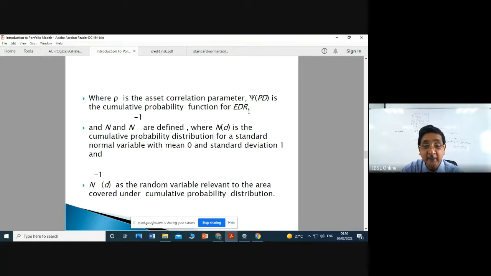Expected default rate is distributed in a cumulative probability function, and that function is taken as psi PD. N and N inverse are defined where N is the cumulative probability distribution for a standard normal variable with mean 0 and standard deviation 1. So I will just show you these things in this manner to get a better understanding.